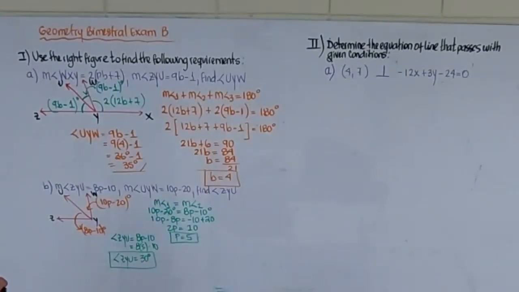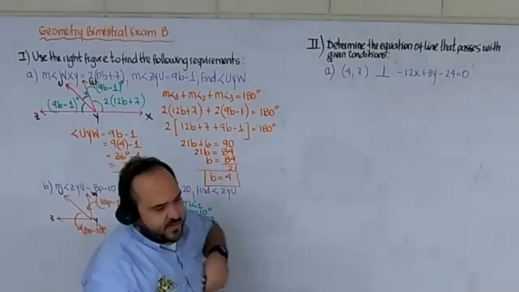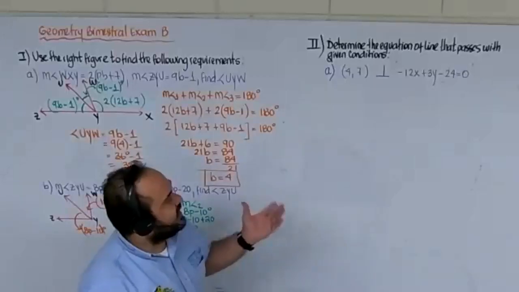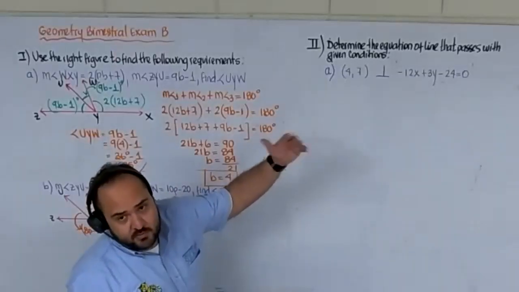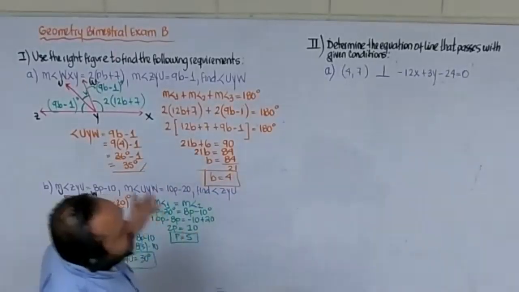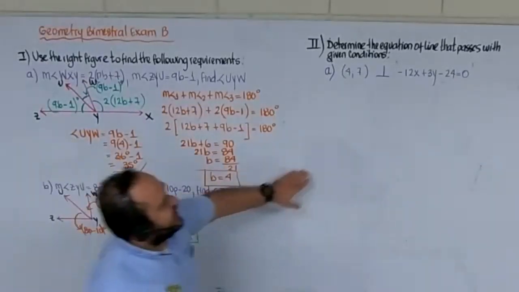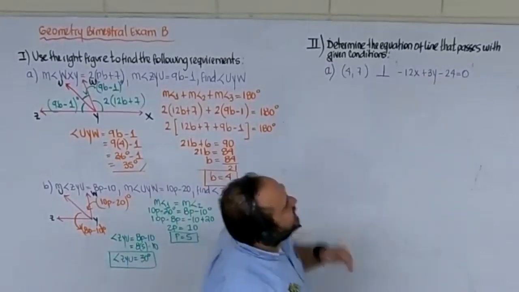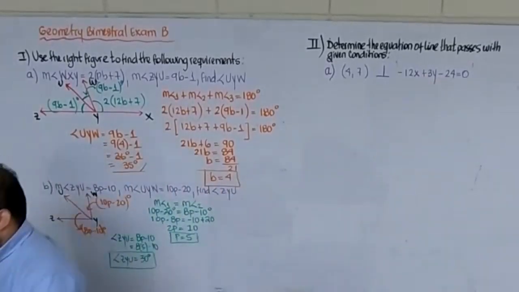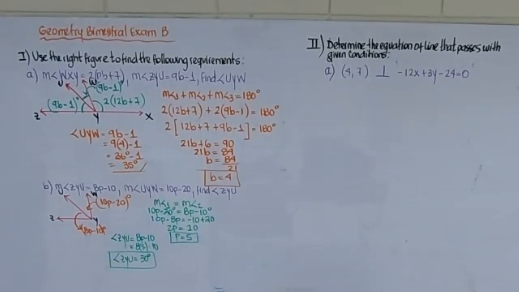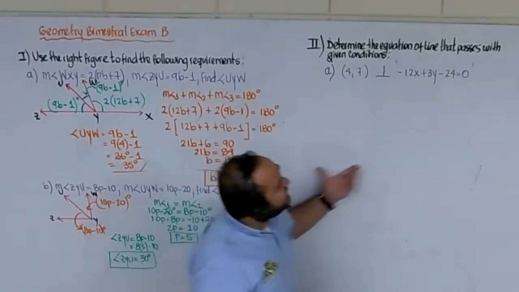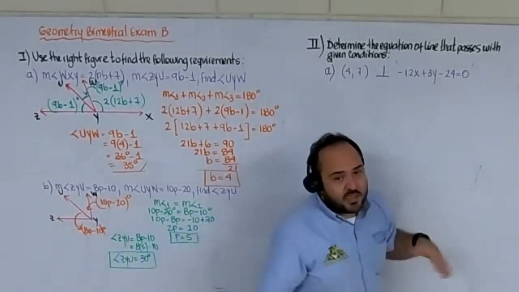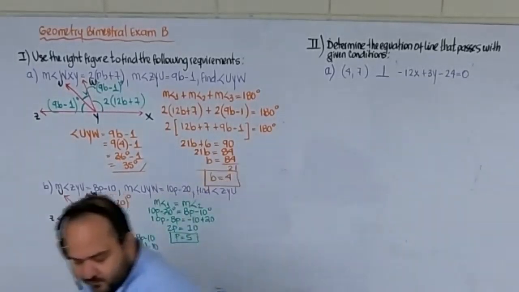Remember the definition of perpendicular lines: the lines are perpendicular if and only if the product of their slopes is negative 1. So we have to find the equation of line 1, and we have the equation of line number 2 written in general form. To determine the slope of line 2, we have to write this equation in slope-intercept form.